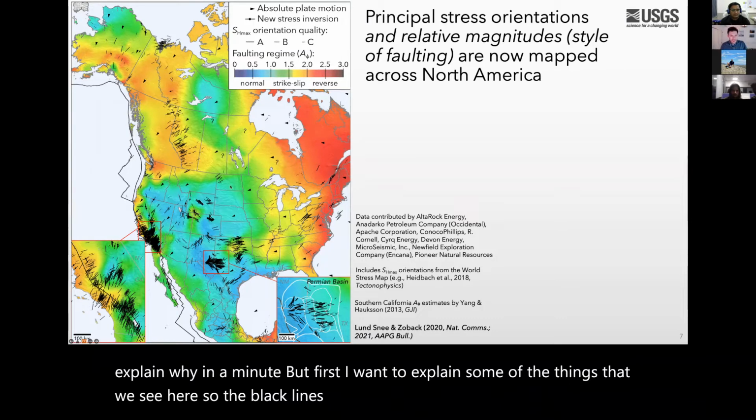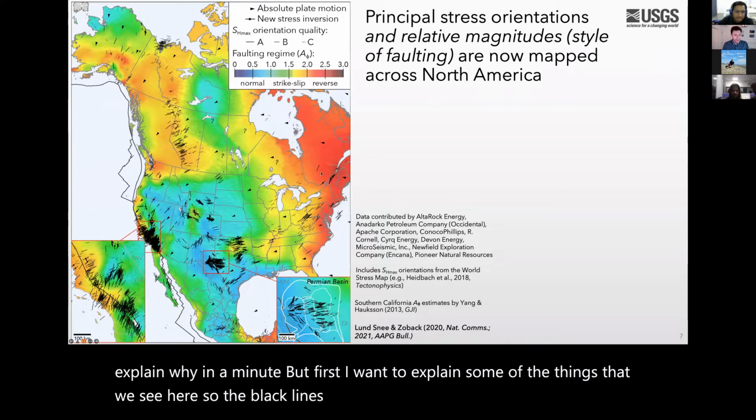You can think of each of these lines as a measurement from an individual point, say a wellbore or a hydraulic fracturing operation or a place where focal mechanisms were inverted. And the orientation of that line represents the orientation of maximum compression. And the length of the line corresponds to the quality of the data. So longer lines are higher quality data, and we're not showing data that are unreliable on the map.